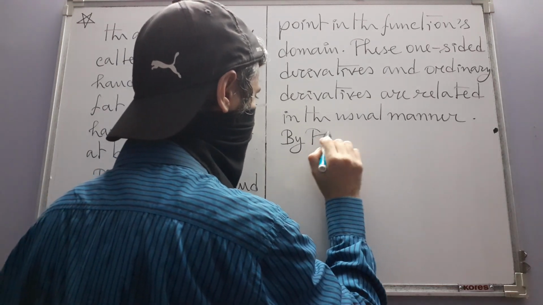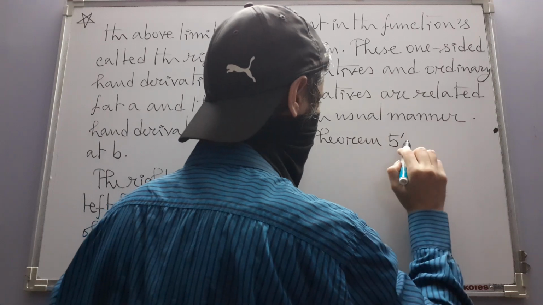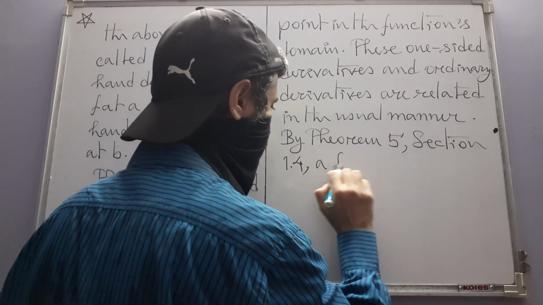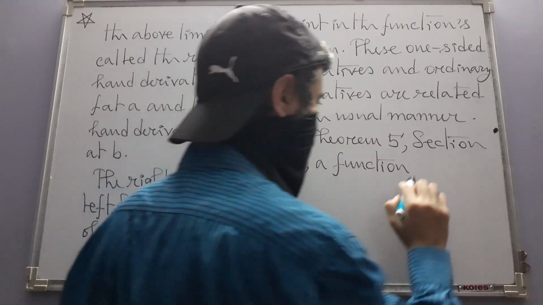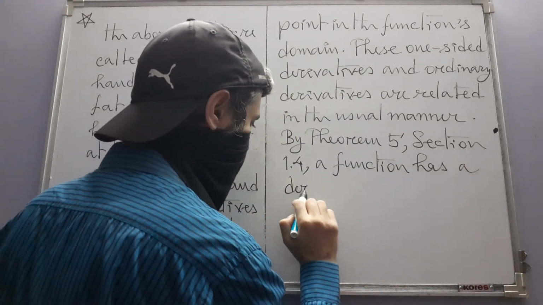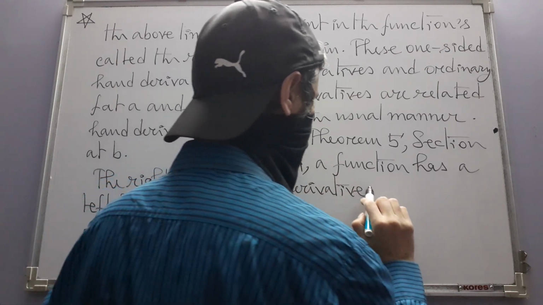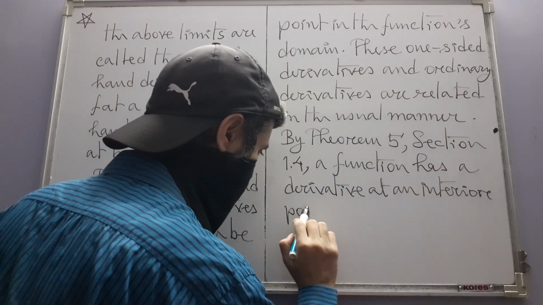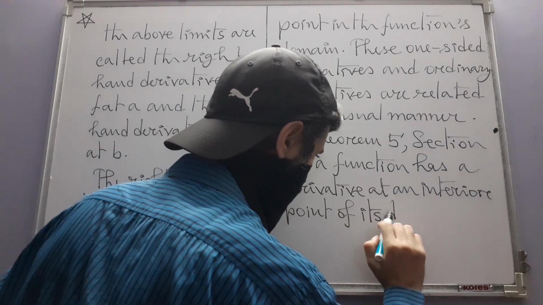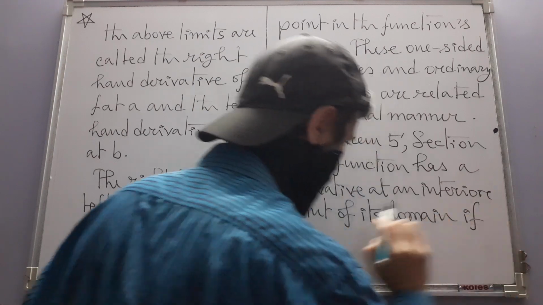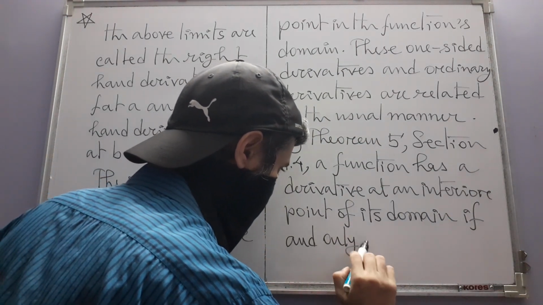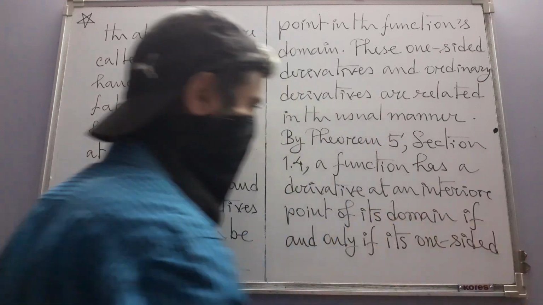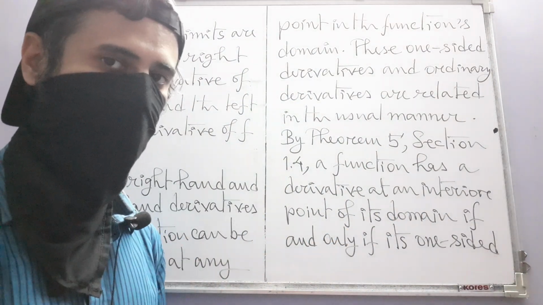By theorem 5, section 1.4, a function has a derivative at an interior point of its domain if and only if its one-sided derivatives at that point also exist and are equal.